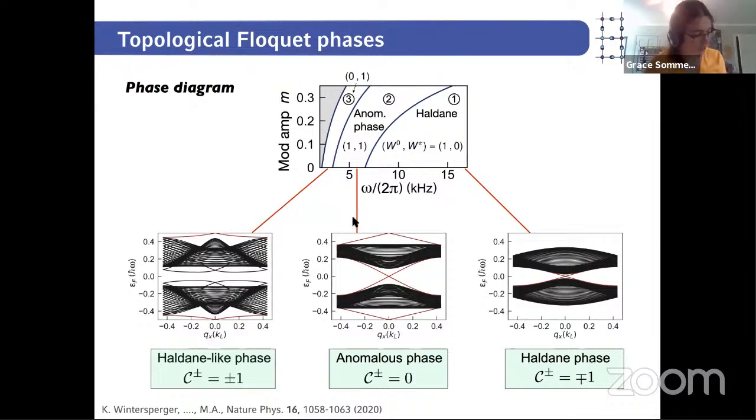So he mentioned that the initial results were not that great because you would get a crossing into the upper band, which basically would have you see the opposite Berry curvature, and so you kind of got smeared out.